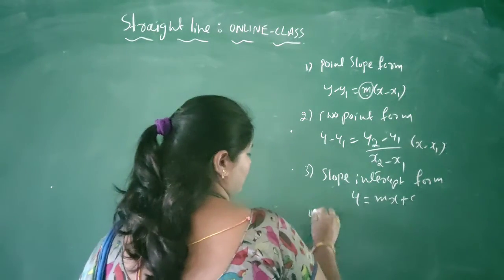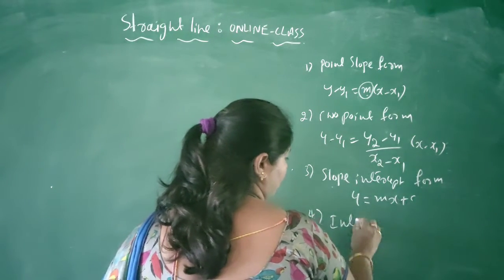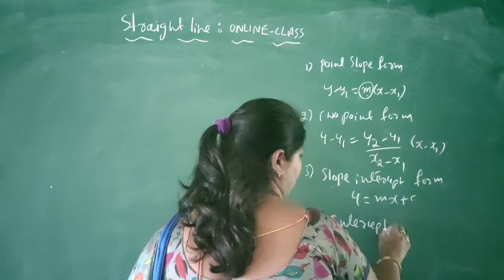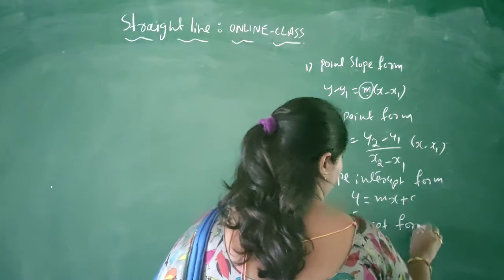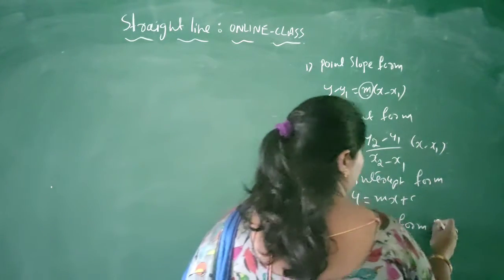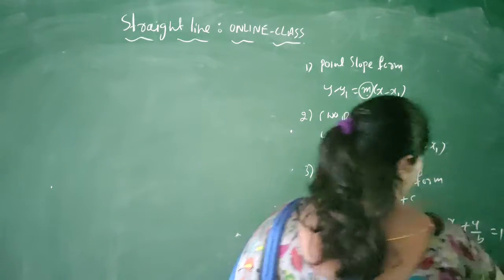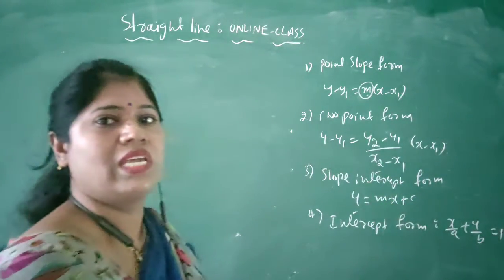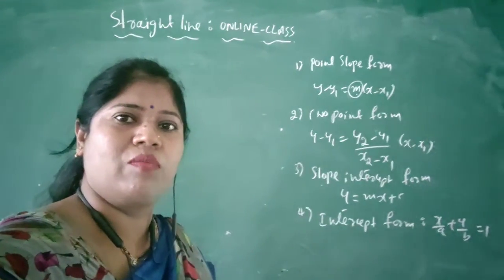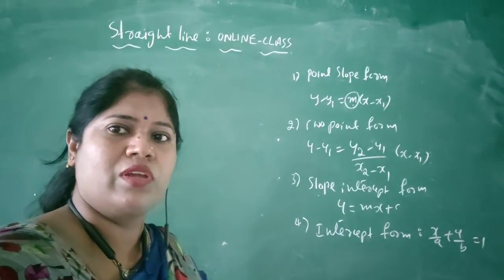Next, intercept form is x divided by a plus y divided by b equals 1. This is the intercept form.